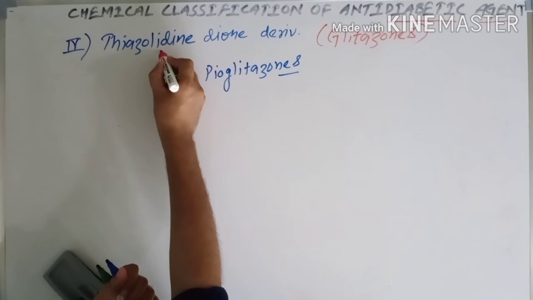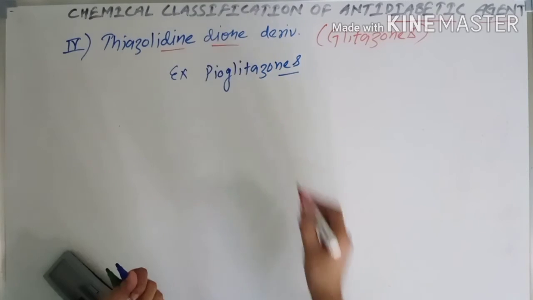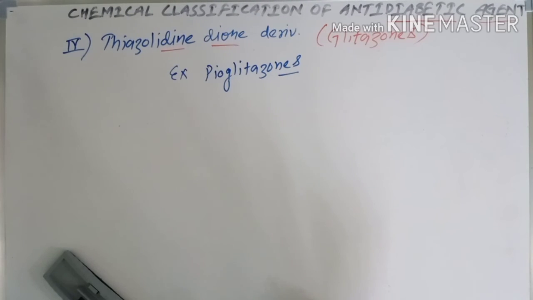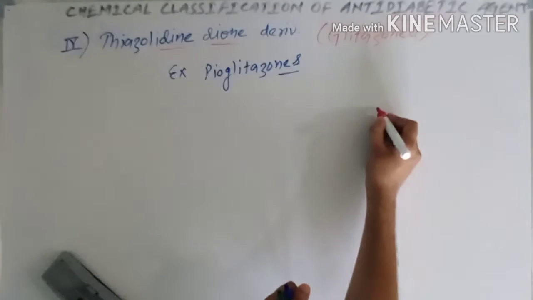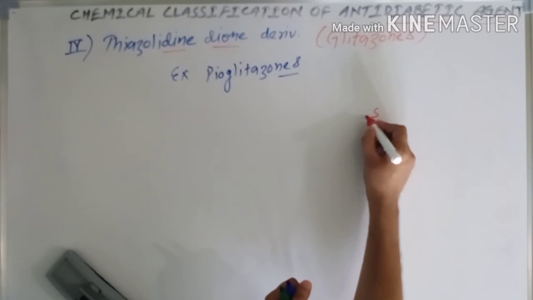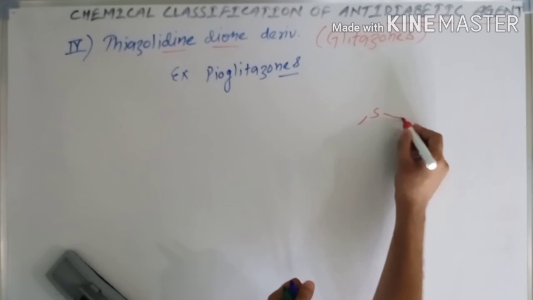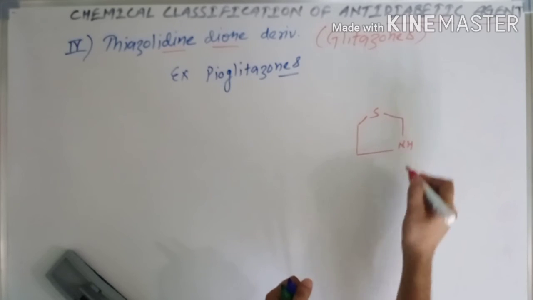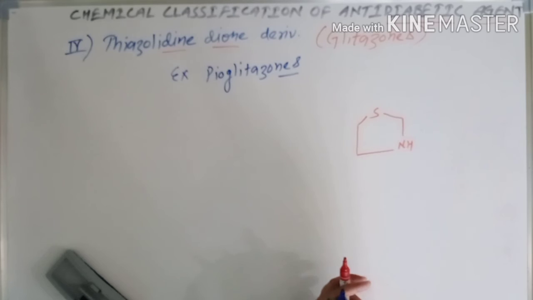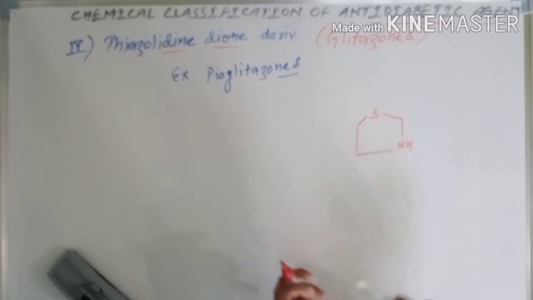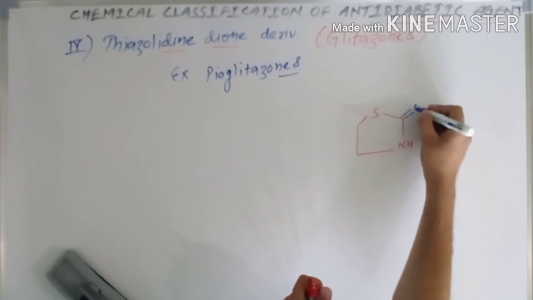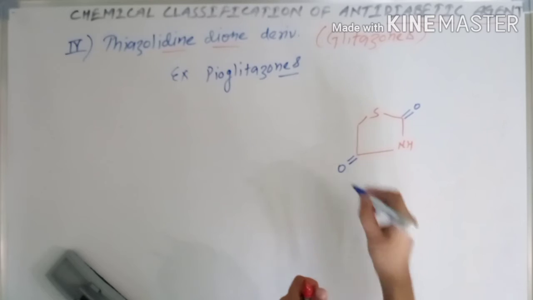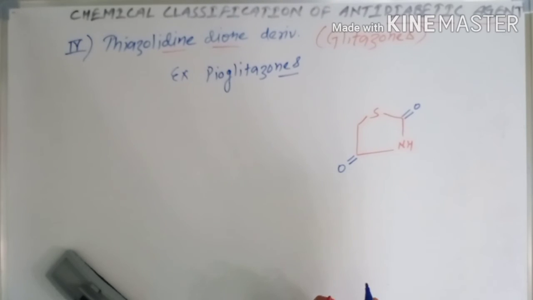This drug comes under the class thiazolidine dione derivative, and the structure of thiazolidine we have already discussed in our first lecture. This is the structure of thiazolidine, and if I put 2 oxygens at this place, then it will become thiazolidine dione derivative.